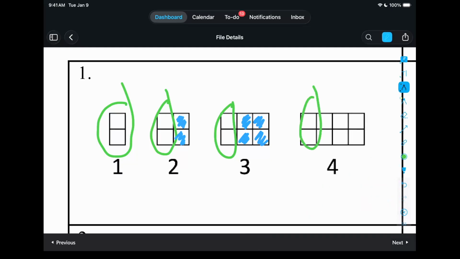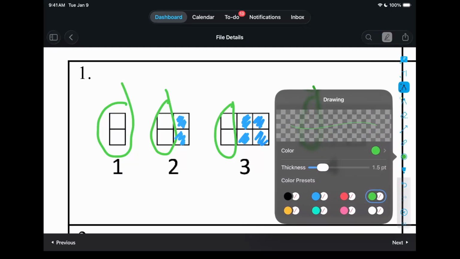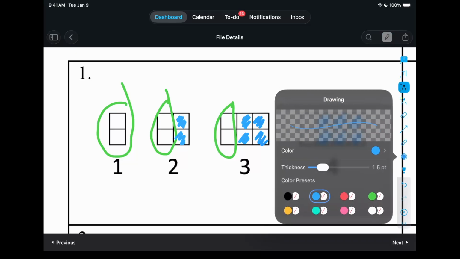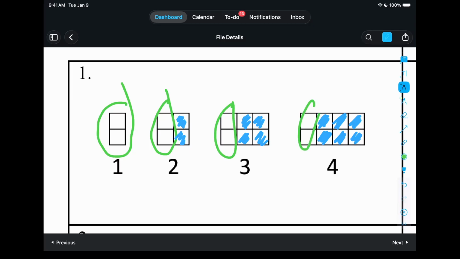Even figure 4, I'm seeing the 2 here, and I'm seeing that this is all being added onto it. I did that very sloppily on my last one. I gotta lock in. These are new. All right, bang. And then where's my green? That's our 2. So that's how I personally see it.